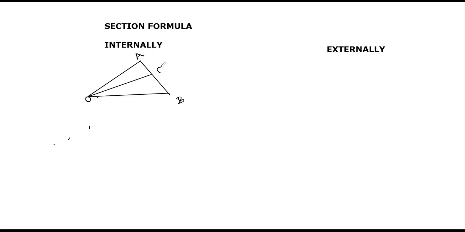This is point C: OA, OC, OB. This is like what we did in class 10, but here it is in vector form. This OC is dividing internally in the ratio M is to N. We should not say length M and N, but for understanding, suppose till here it is M, and this is N. M is to N. So what will be the value?